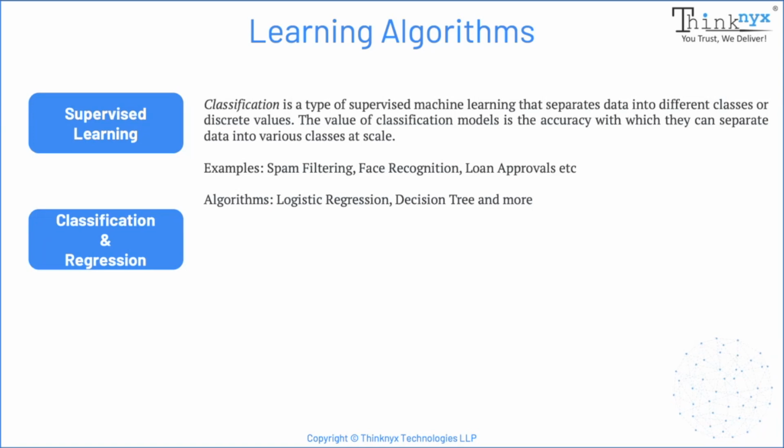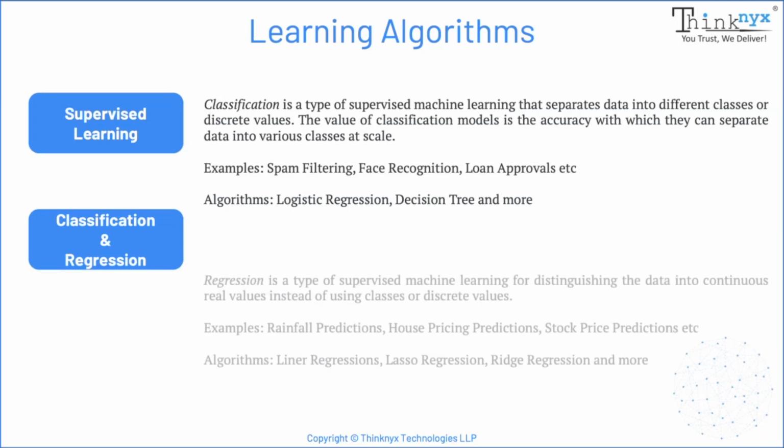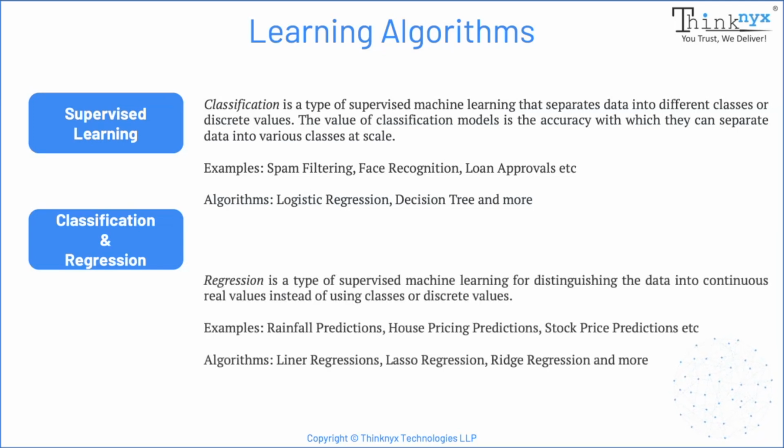But when you talk about continuous values, which rely upon independent factors also, not only the dependent variables of the data, that is where regression type of learning will come into the picture. It's again a part of supervised learning, but it has different use cases. Here you are going to have continuous data, continuous real values.